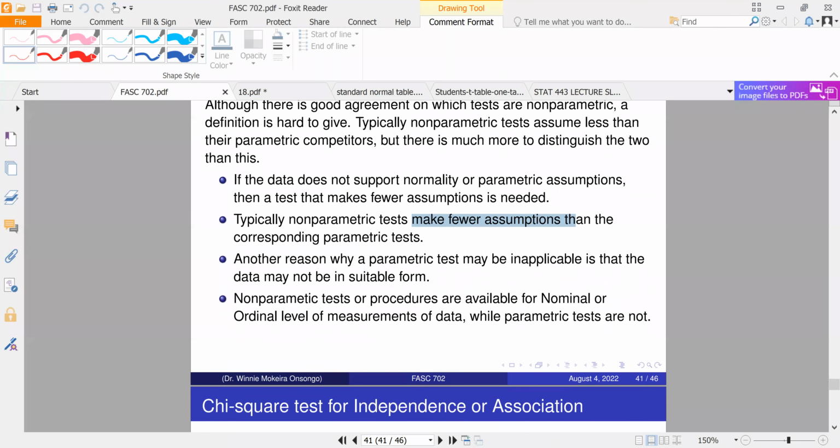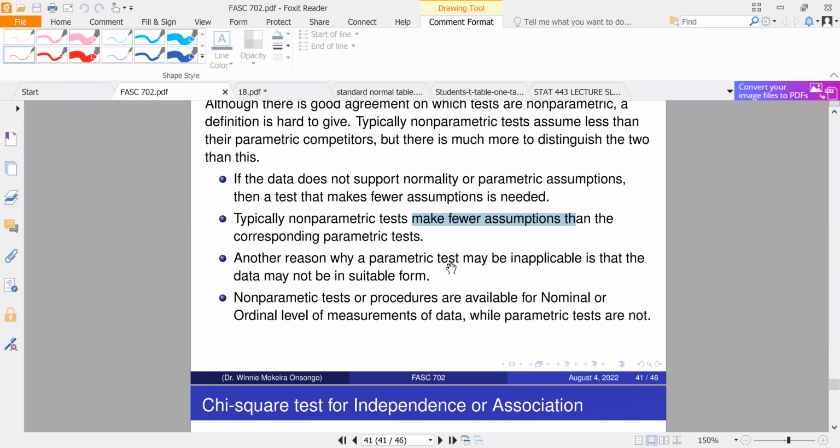Another reason is that for categorical data, parametric tests would be difficult to apply if your data is not transformed into a suitable form. There are ways in which we can transform categorical data into quantitative data, but if we are not able to do so, then you only have the option of using non-parametric tests in your estimation.